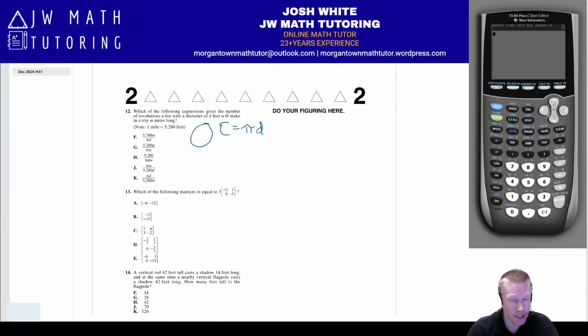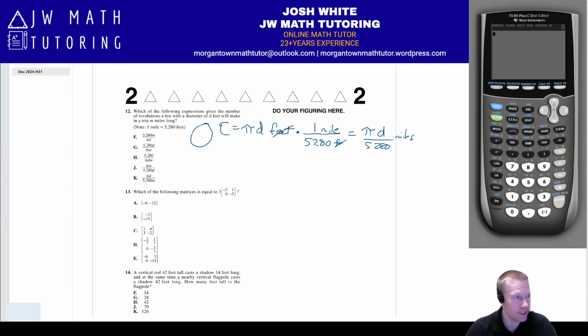So we take this circumference, pi times d feet, and convert it to miles by multiplying by the conversion factor: 5,280 feet is equal to 1 mile. The feet will cancel out, and you get pi times d over 5,280.